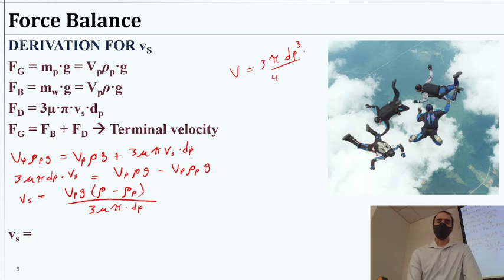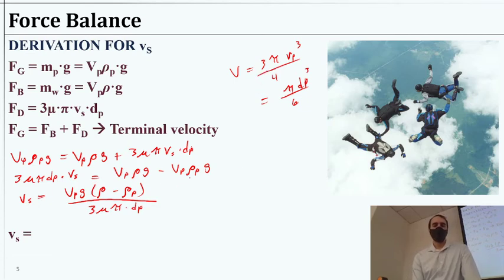But if we take r as half the diameter, that would be pi over 6 times the diameter of the particle cubed, I believe. I think it works out that way, because you take 1 over 2 cubed, that's 1 over 8, 8 times 3 is 24, 4 divided by 24 is 1 divided by 6. So that should work out.